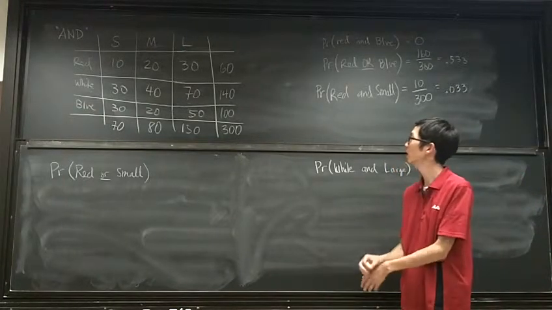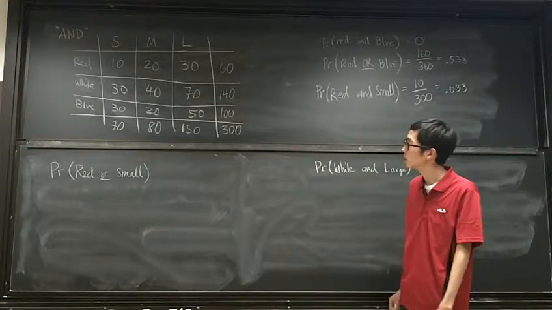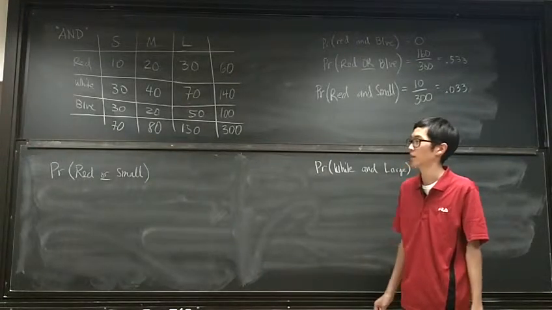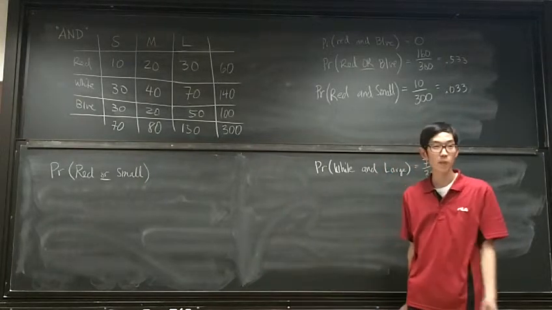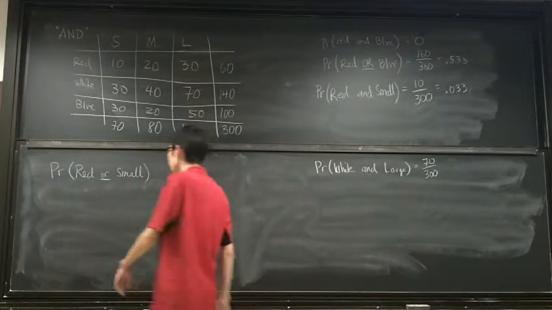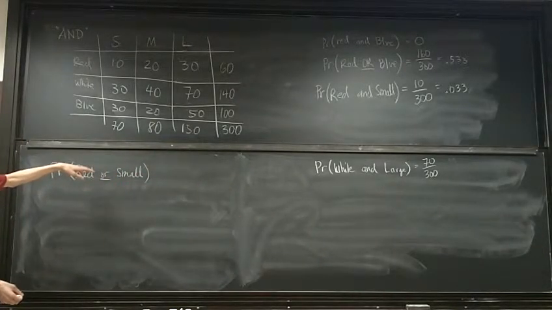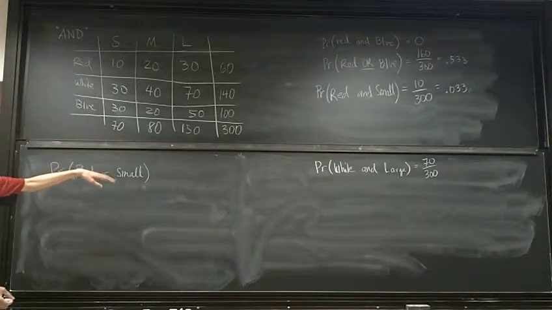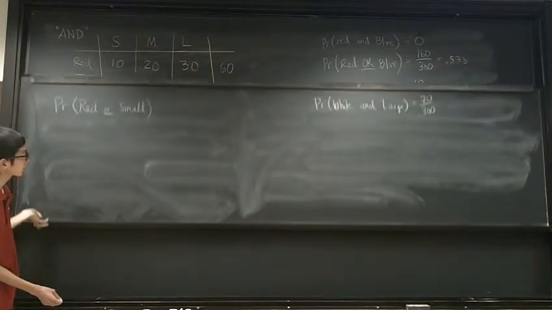How many red shirts are there? 60. Okay, how many shirts are red or small? There's 120 shirts total that are red or small. How do I know that there's 120?